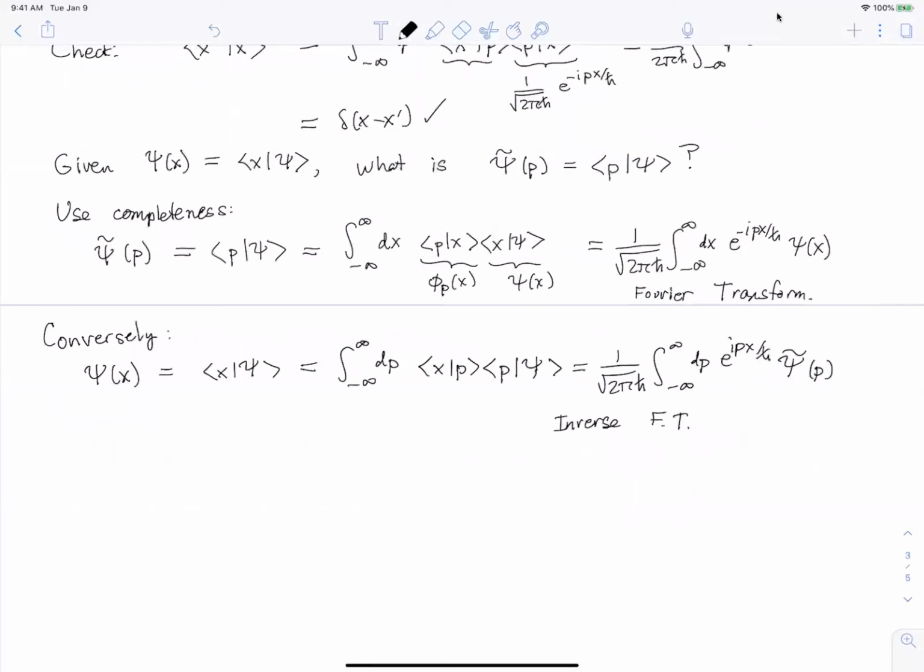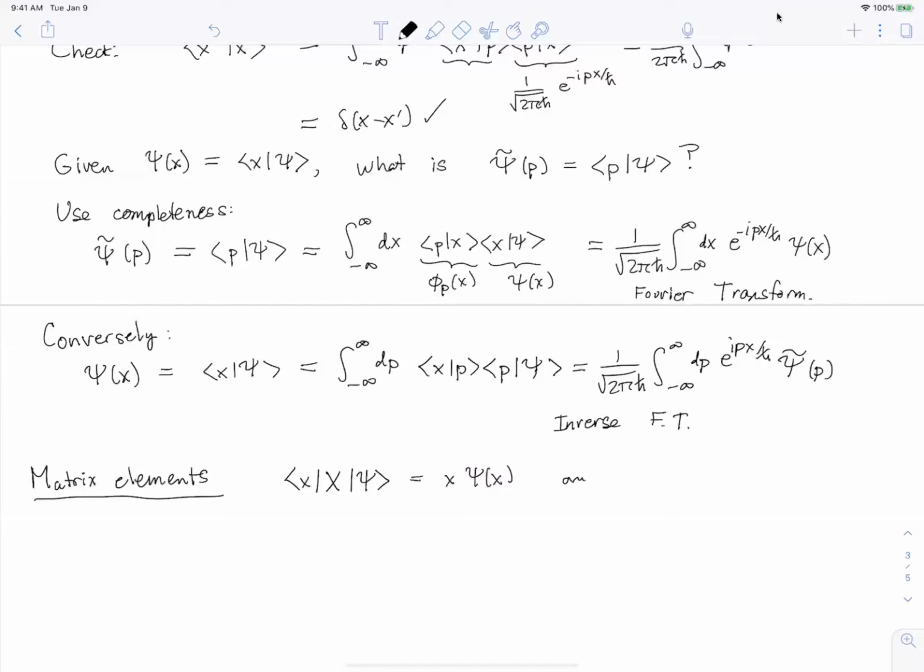Okay, what else can we do? We can take matrix elements. So for example, suppose we consider <x|X|psi>. That's equal to x times psi of x, because the x operator acting on the eigenket |x> is just x.